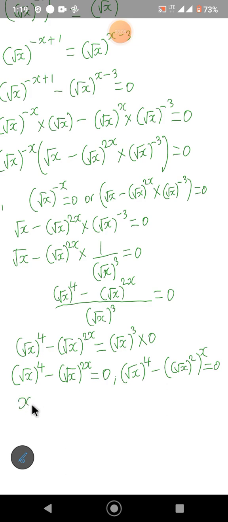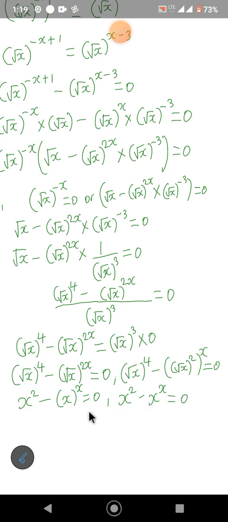So write x squared minus, while root x raised to the power 2 is the same thing as x. So we have something like this: x raised to the power of x equal to 0. So I can just simply write it this way: x raised to the power 2 minus x raised to the power of x equal to 0.